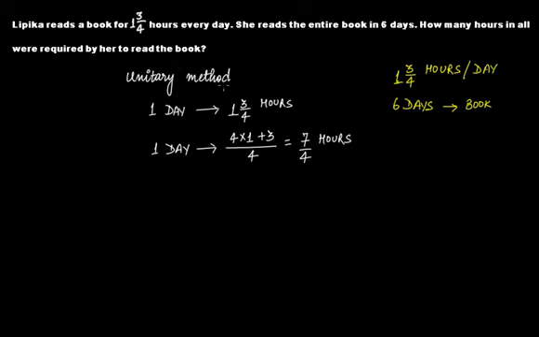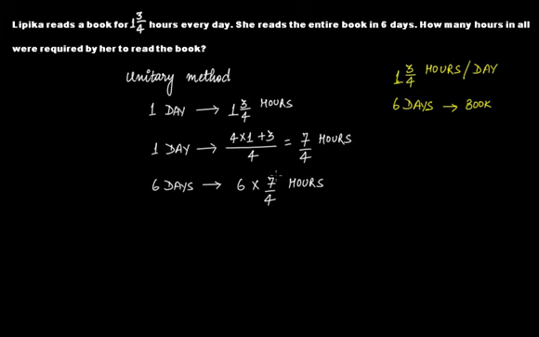So according to the unitary method, first you have the value for one day. That is, in one day she takes 7 by 4 hours. Therefore, in 6 days, how many hours will she take to complete the entire book? For 6 days, it will be 6 times 7 by 4 hours.